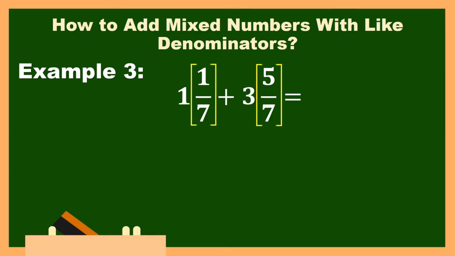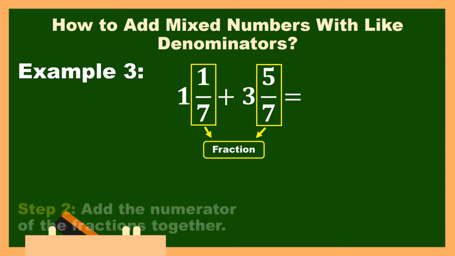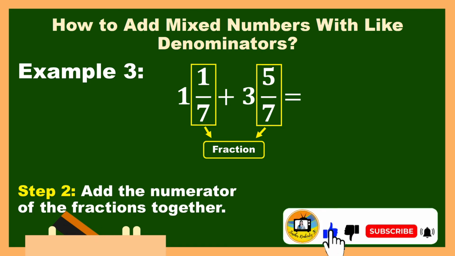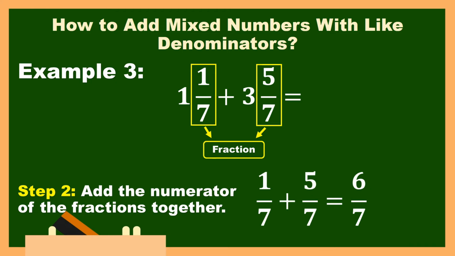Then, 1 over 7 and 5 over 7 are the proper fractions. So, in step 2, add the numerator of the fractions together. So, dito sa ating fractions, ang ating numerator ay 1 at saka 5. So, add 1 over 7 plus 5 over 7 is equal to 6 over 7.